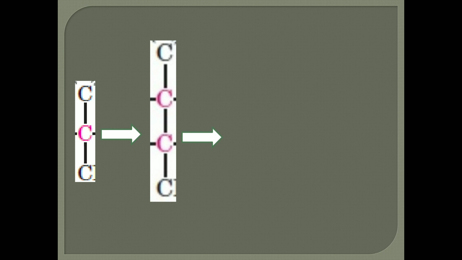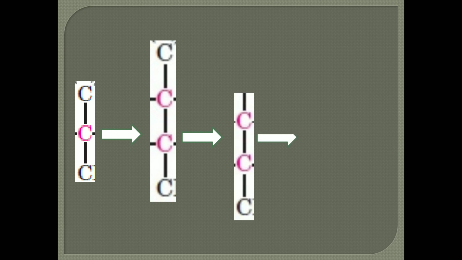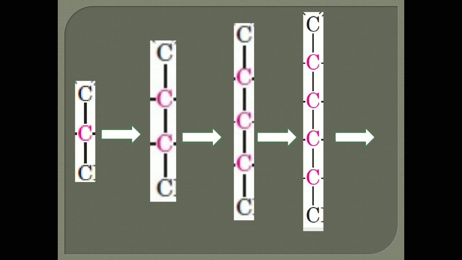If you add one more carbon, it becomes tetrose. If you add one more, it becomes pentose. And if you add one more, it becomes hexose, and so on. So the carbons added extra form triose, tetrose, pentose, hexose, heptose, etc. That is the basic difference, only in the carbon number.